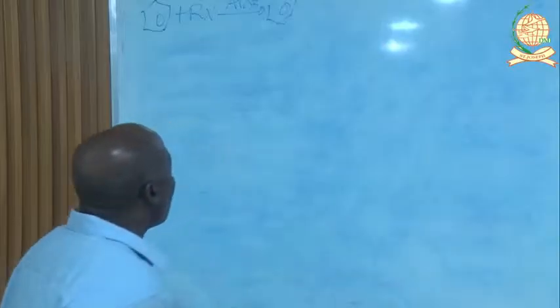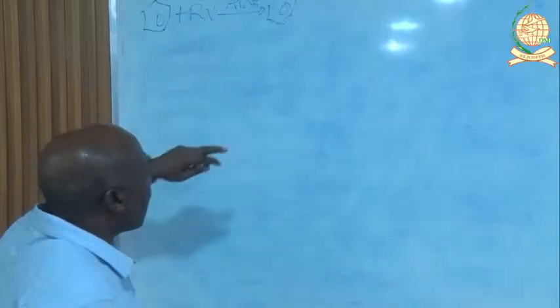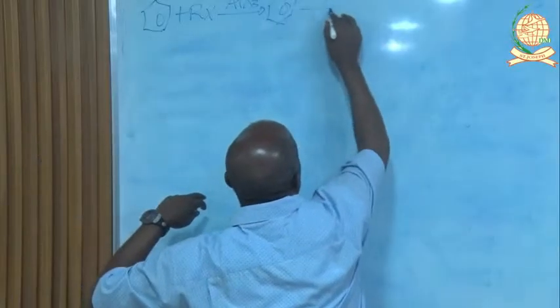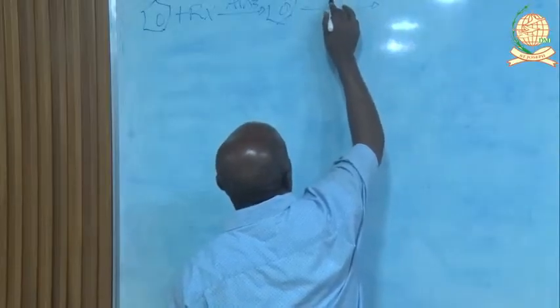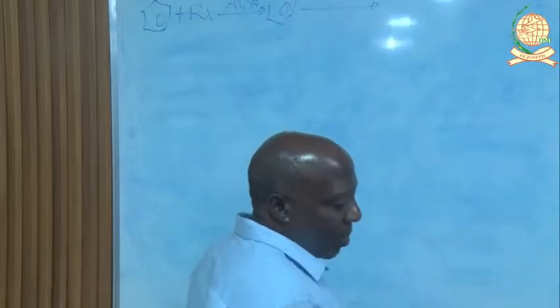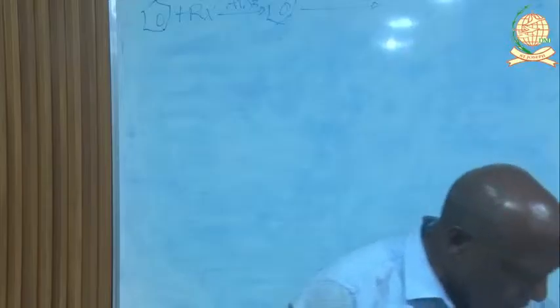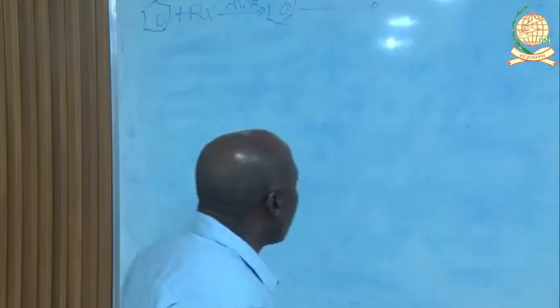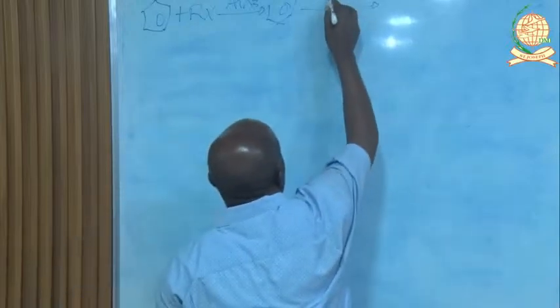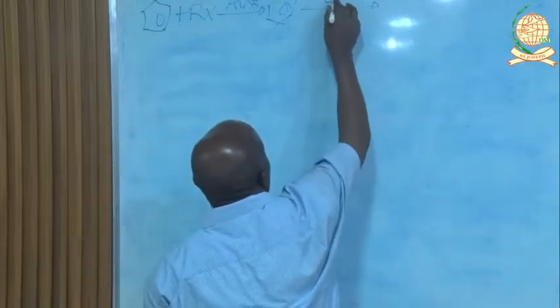Then what next is the oxidation. We can use potassium permanganate or potassium dichromate, any strong oxidizing agent in acidic medium, then you heat. So we use an oxidizing agent.